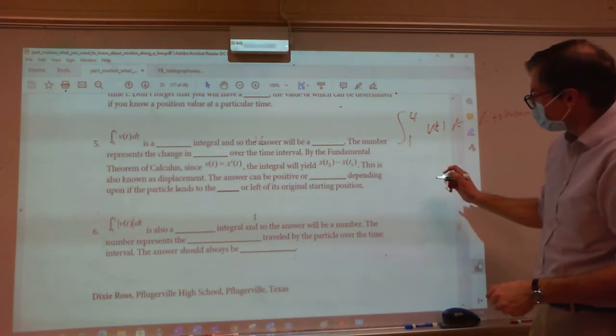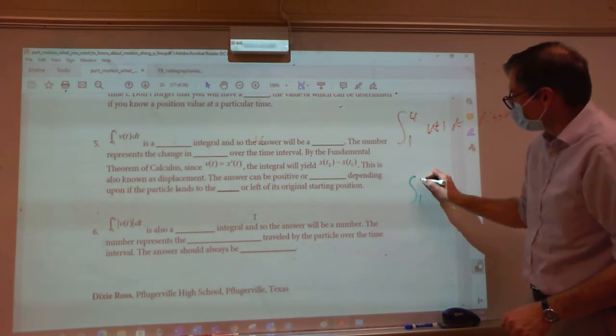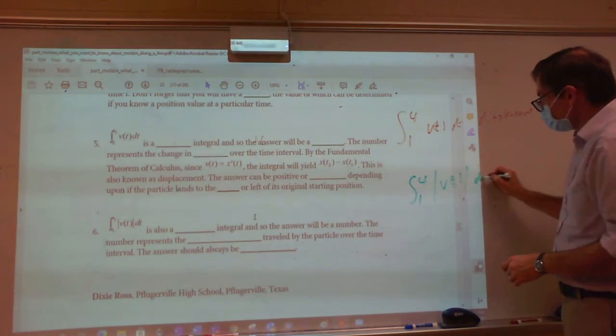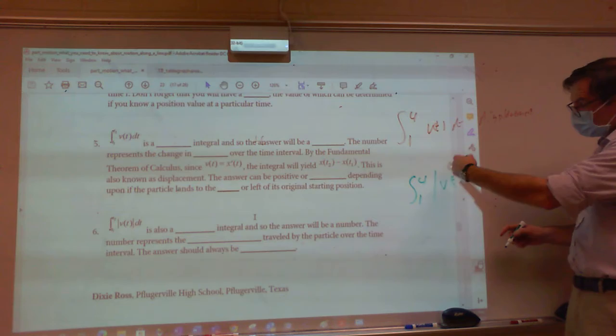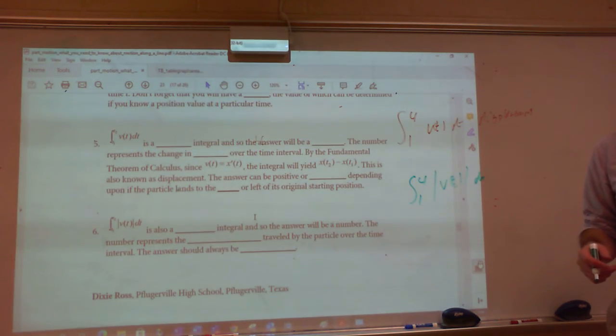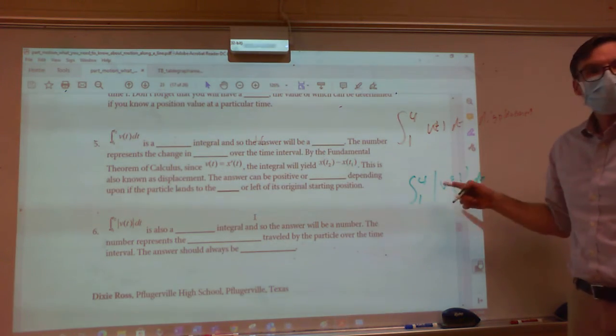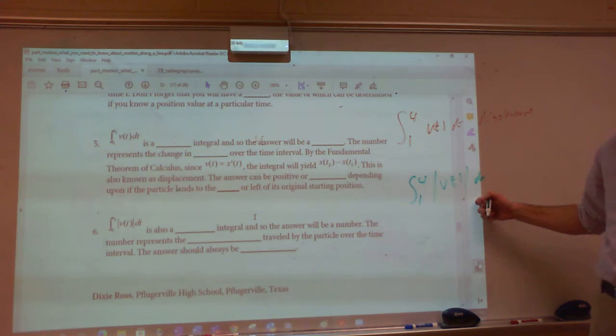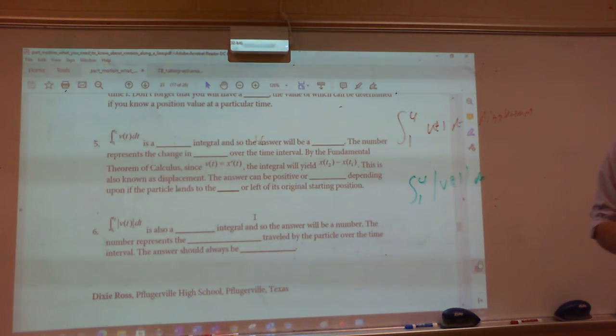Compare that with, what if I do 1 to 4, but I put absolute value bars around it? First, do we recognize that the absolute value of velocity is speed? Yeah. What this does is cut out all the negative, and so when you compute this, it actually tells you total distance traveled.